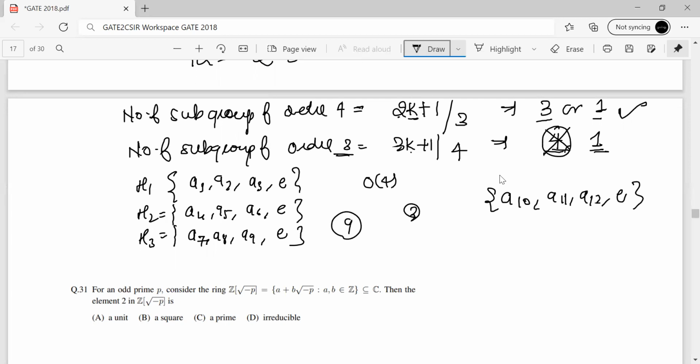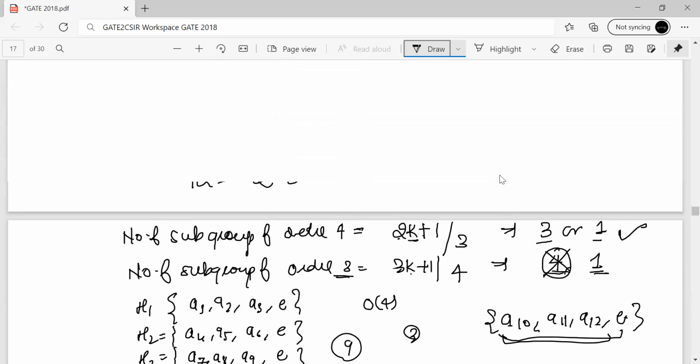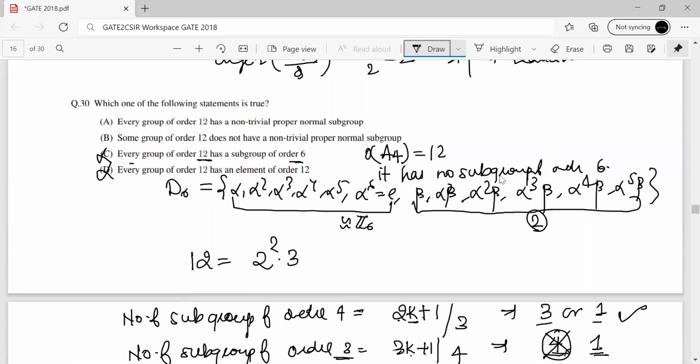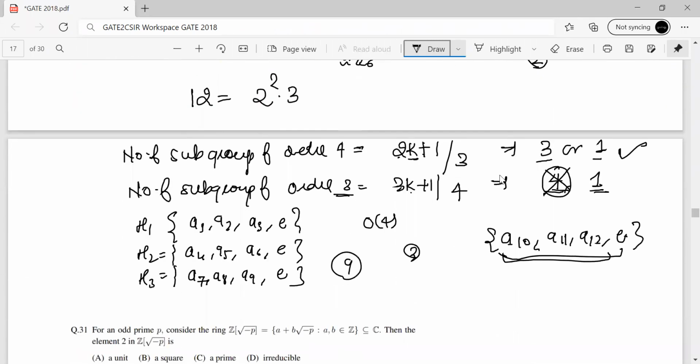Now, if you noticed, there is a problem. Oh, sorry, the identity is already used. So I can have a group of order 3, which means this choice is possible. What it says is that some group of order 12 does not have a non-trivial proper normal subgroup. We found one group of order 3 which is normal, because there was only one.